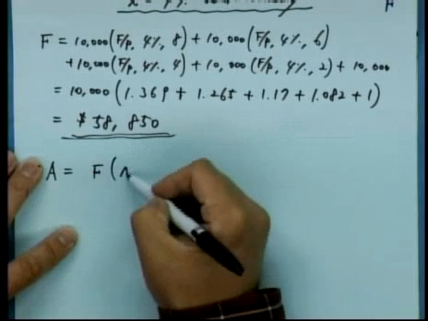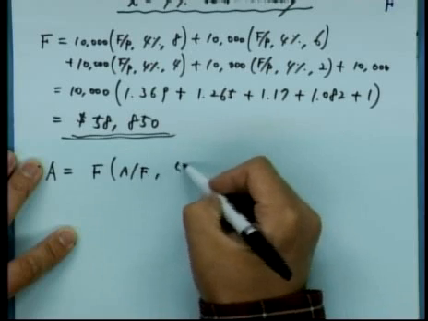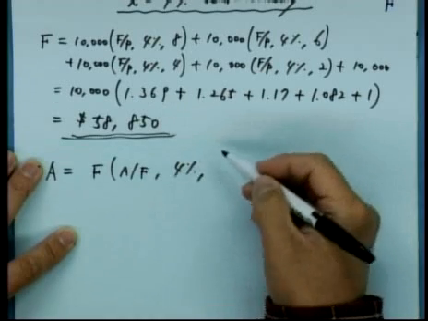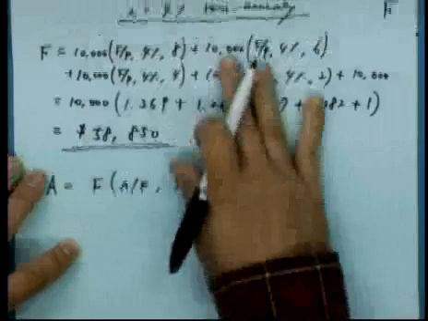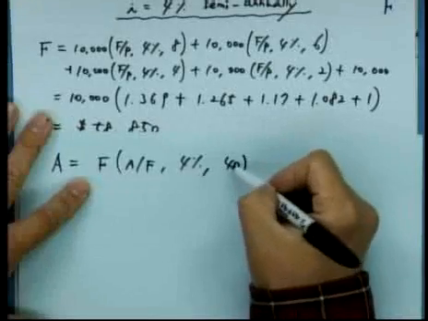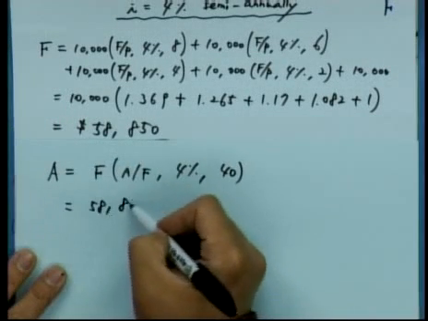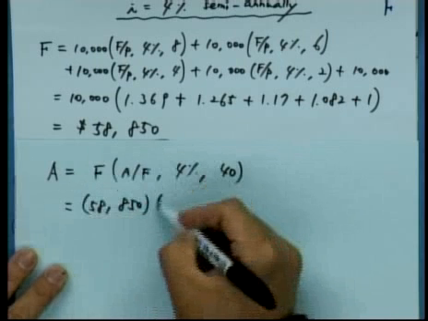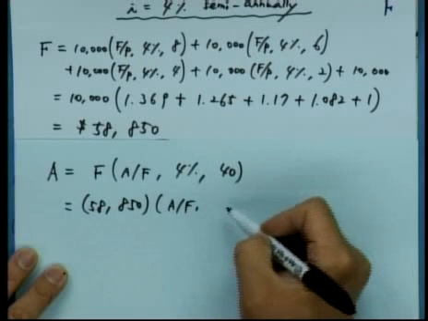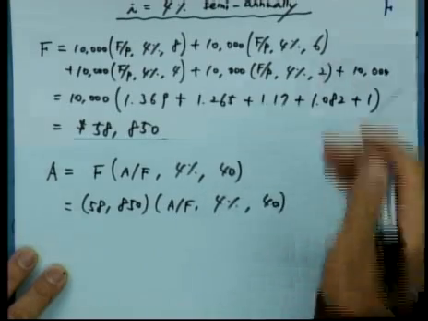Times A given F, same interest rate, the 4% over how many periods? 40 periods, right? So 40, which is 58,850 times A given F, 4% over 40 periods.